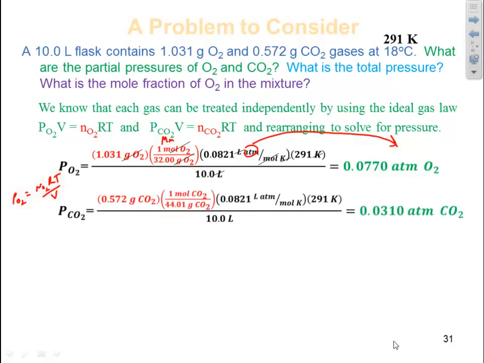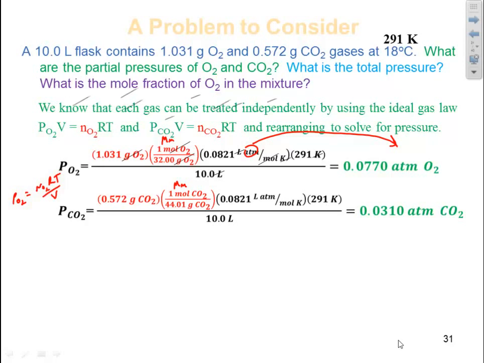We'll do the exact same thing with carbon dioxide. So I have my 0.572 grams of CO2, molar mass of CO2, 44.01 grams of CO2 per mole of CO2, times my ideal gas constant, 0.0821 liter atmospheres per mole Kelvin, times my temperature, 18 degrees C converted into Kelvin, 291 Kelvin, divided by my volume, 10.0 liters.